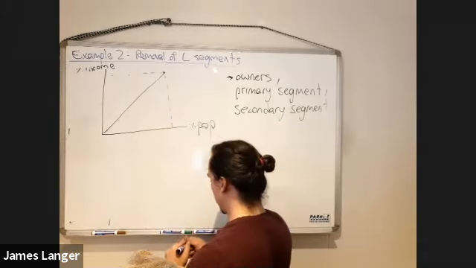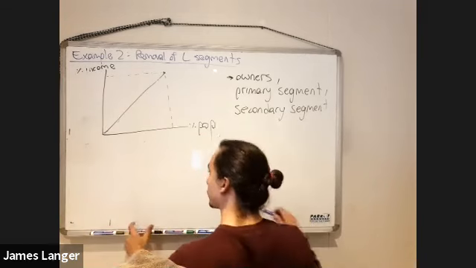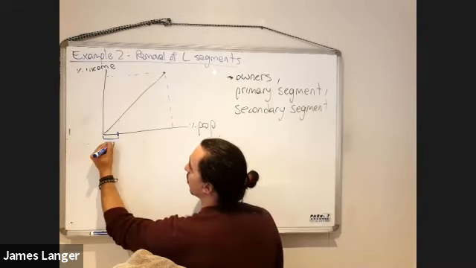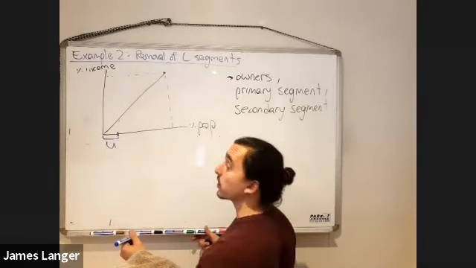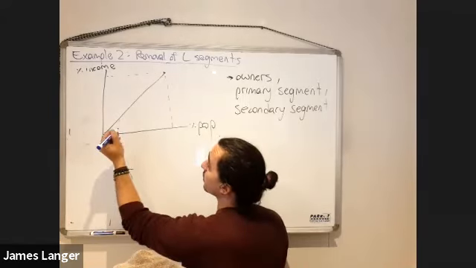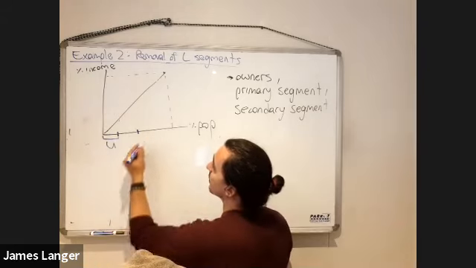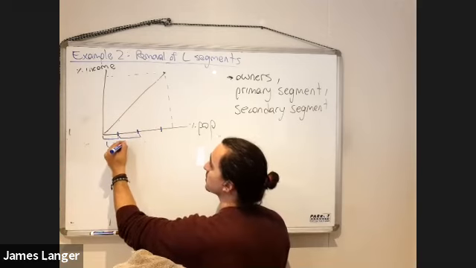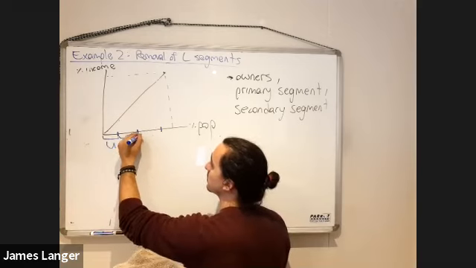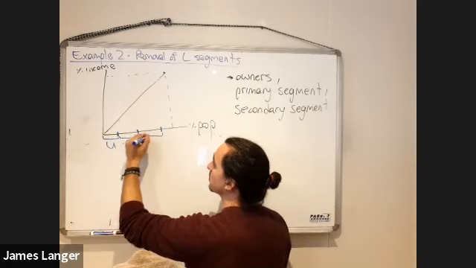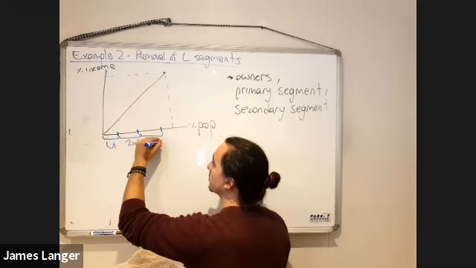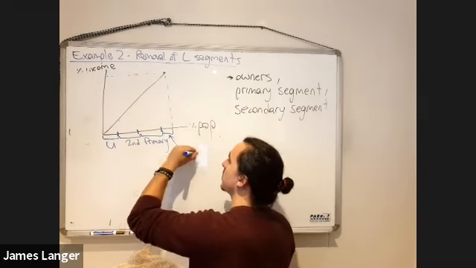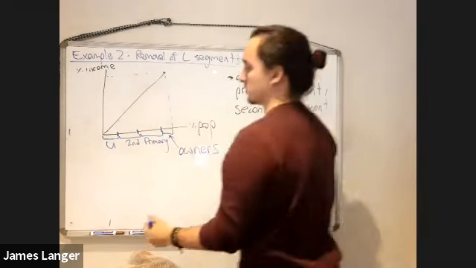Well, the way it's going to look like is we're always going to have the unemployed. Then we're going to show that there's a secondary, primary, and that last section is going to be our owners.